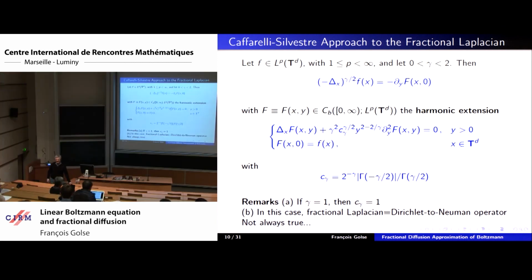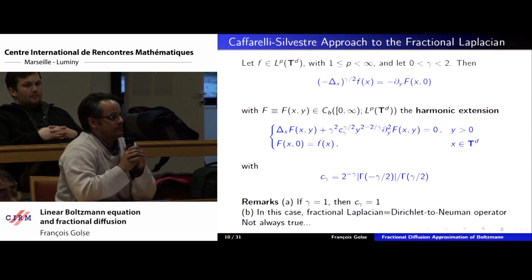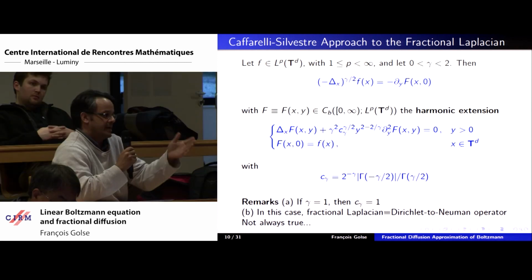Other questions? So you started with linear Boltzmann that is cut off. Have you tried with non-cut off? I start with the linear Boltzmann equation, which is in cut off. The integral of the scattering is equal to 1. Yes. So have you tried the non-cut off case, where you have a fractional diffusion?